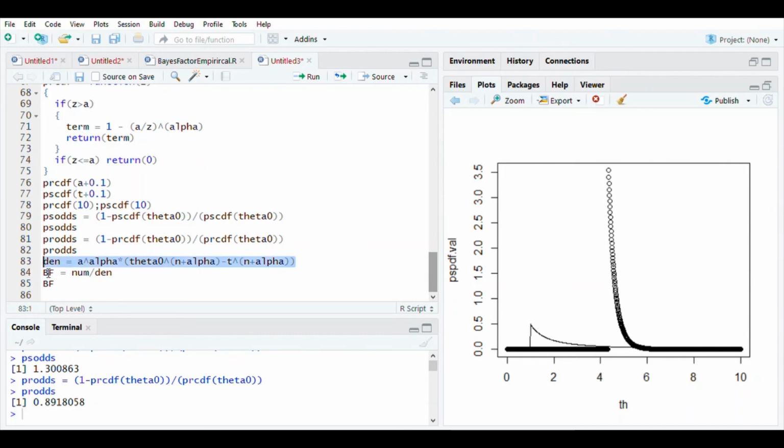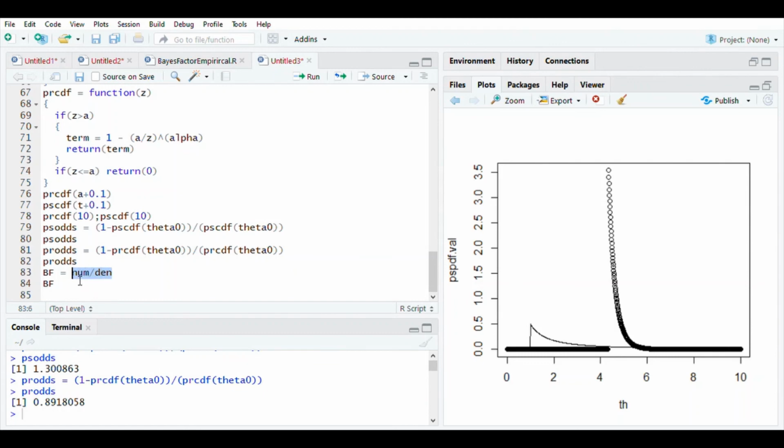Okay, now the Bayes factor is simply posterior odds upon prior odds. So 1.45. If you take 1 as the cutoff, then the Bayes factor is larger than 1, so you are going to accept H naught. You are not going to reject it.